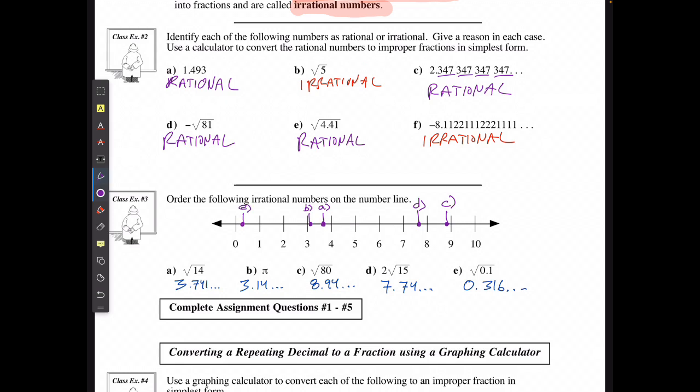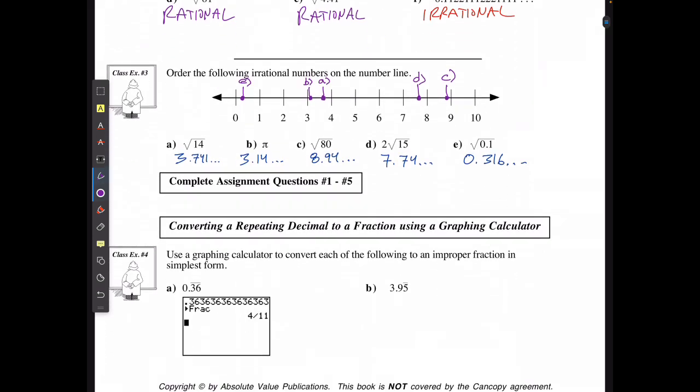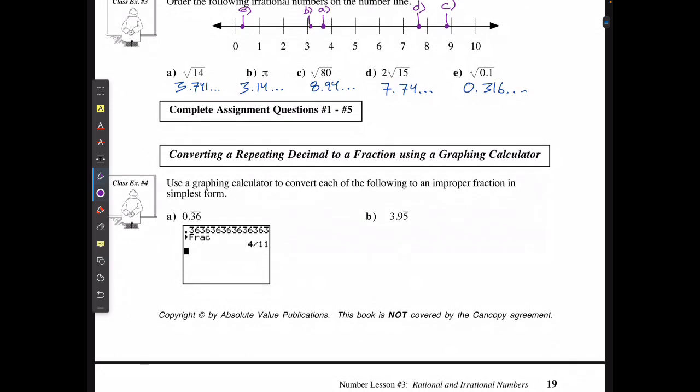So I can always just find approximately what they are to 2 or 3 decimal places, and I could arrange them accordingly or stick them on where they would fit on a number line. Now, I can use my graphing calculator to do this. If it's got a repeating pattern, like this would be 3.9555, and then just keep writing fives over and over again, I can use that math frac button.